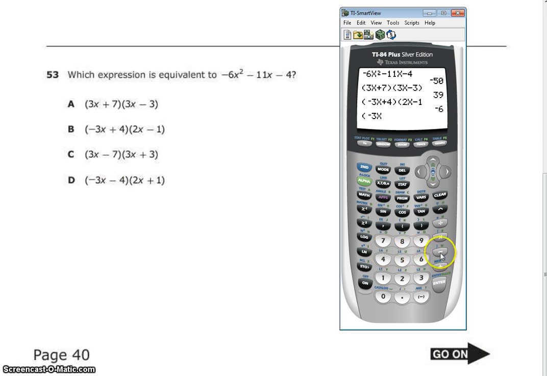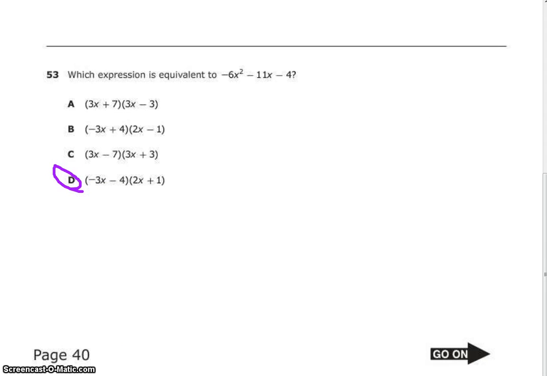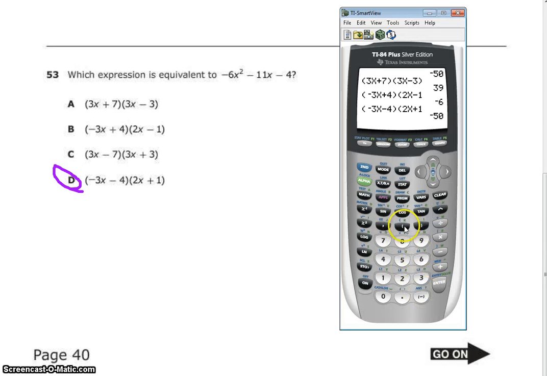Negative 3x minus 4, close, open, 2x plus 1. Negative 50 is what I was looking for. It should be D. I'm going to go ahead and check C just in case. Open, 3x minus 7, close, open, 3x plus 3. One of the reasons to go ahead and check that is because you might have typed something in wrong. And it's the wrong one, so it was indeed D.